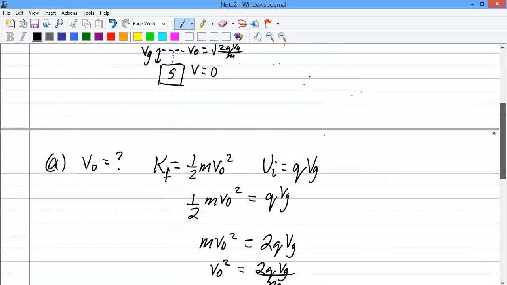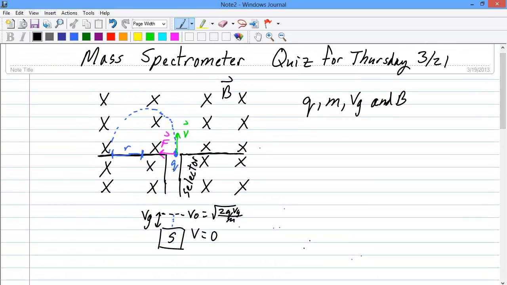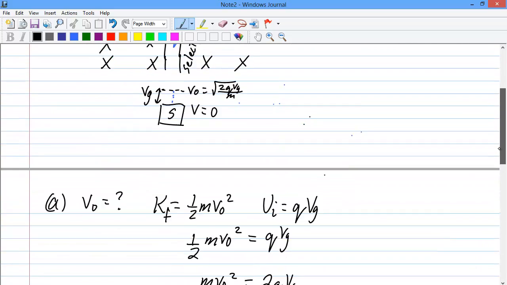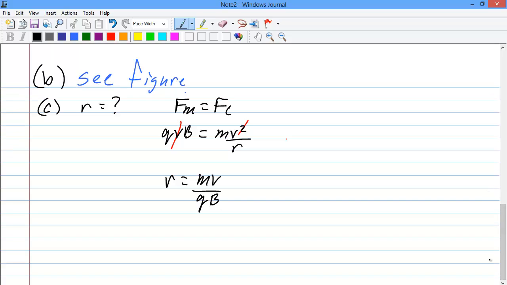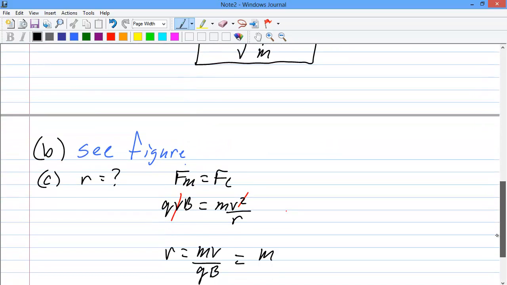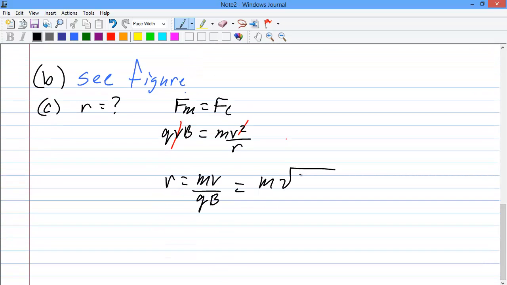So we take our answer from A, which is the velocity it would have after it's gone through the grid, and put that in there. So R becomes m times the square root of 2q V sub G over m, divided by qB.